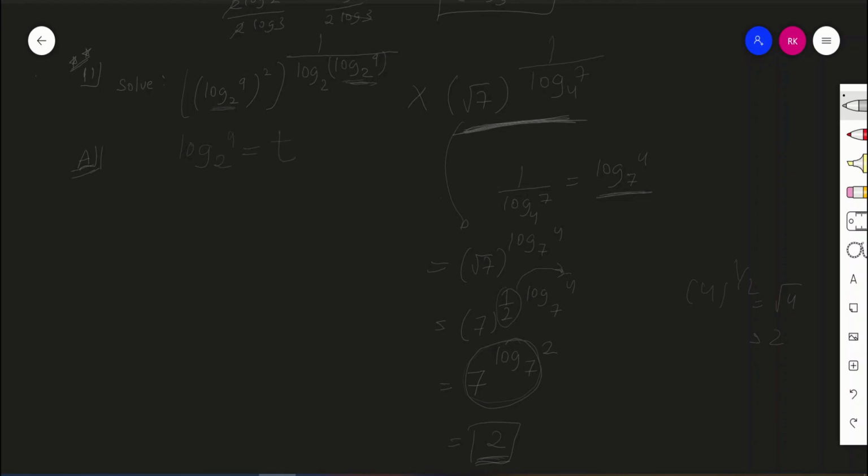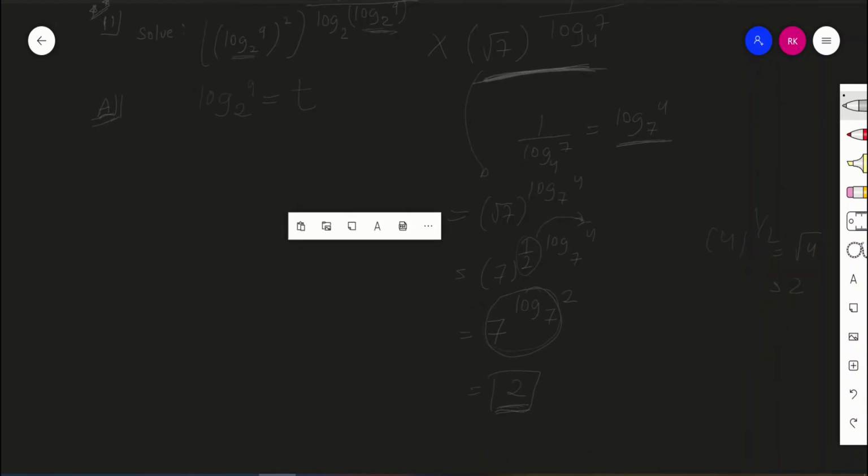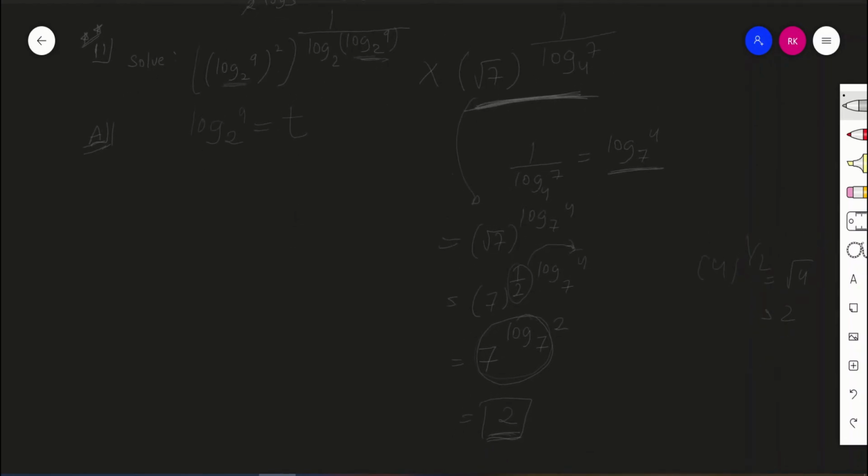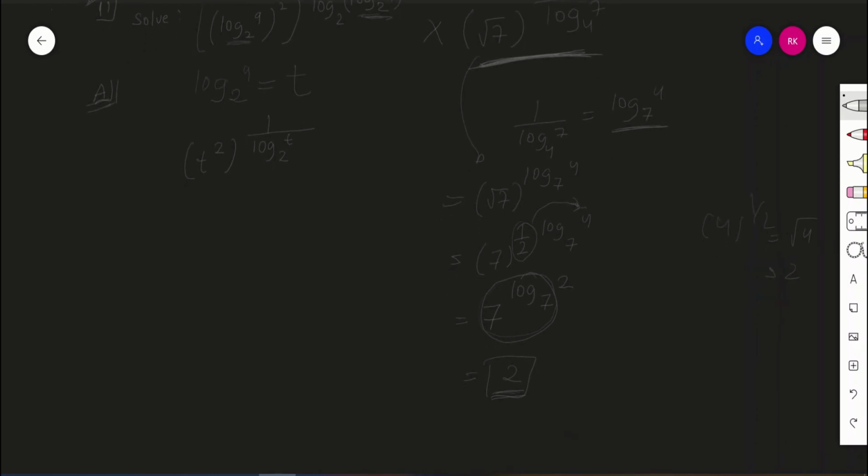I'm substituting this log with t. So what I'm going to get is t square, 1 upon log t base 2. It looks now really simple. So let's solve it further.